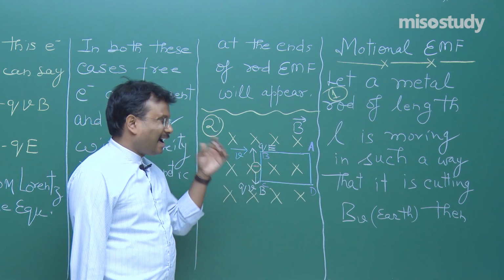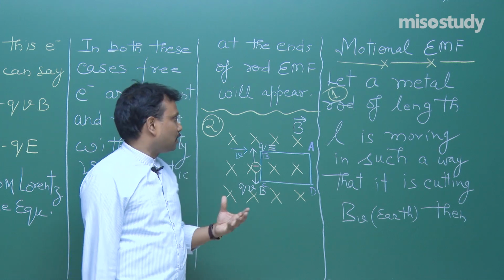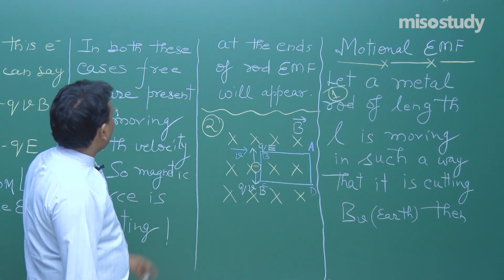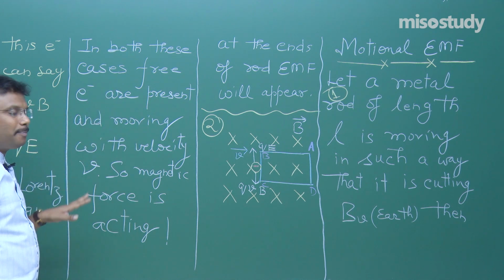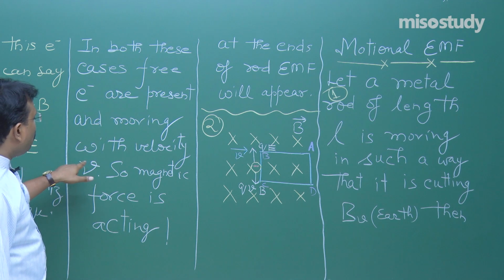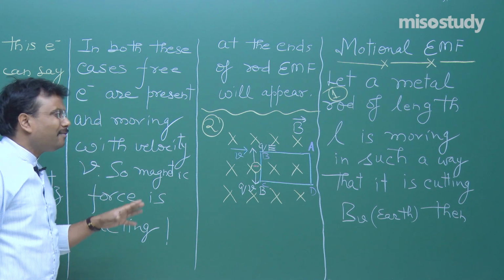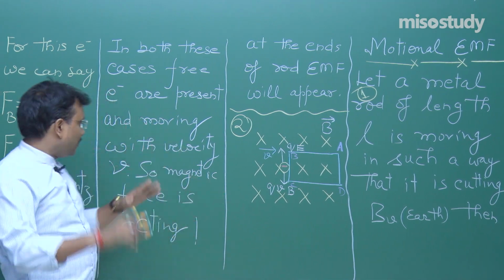So, the force is acting on the electron from the Lorentz force equation. Okay. Then I mentioned in both these cases free electrons are present, obviously, because they are conductors, and moving with velocity v. Well, v is the velocity of that particular conductor in which these electrons are present, fine.